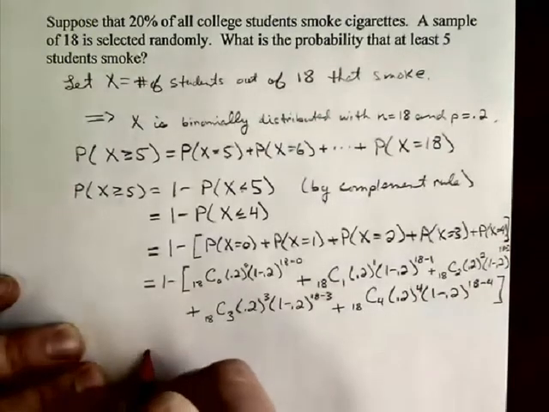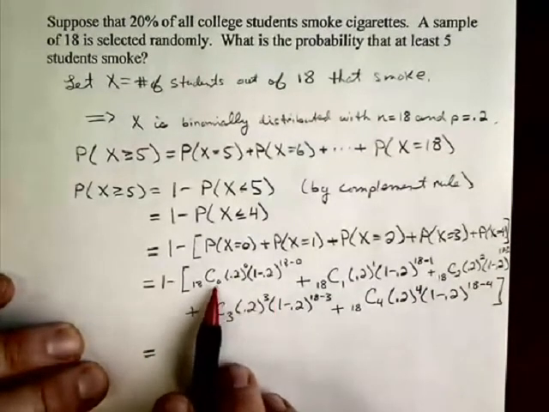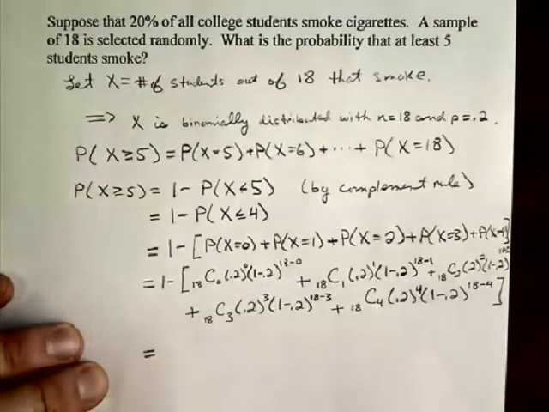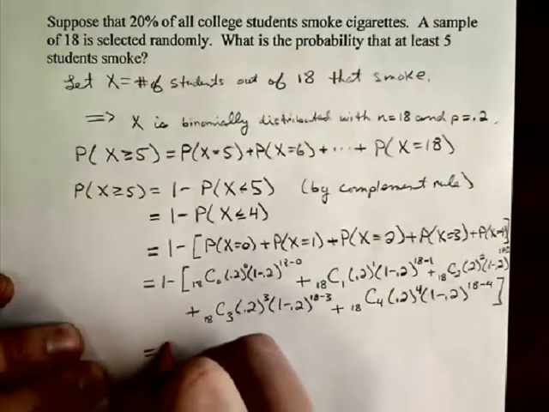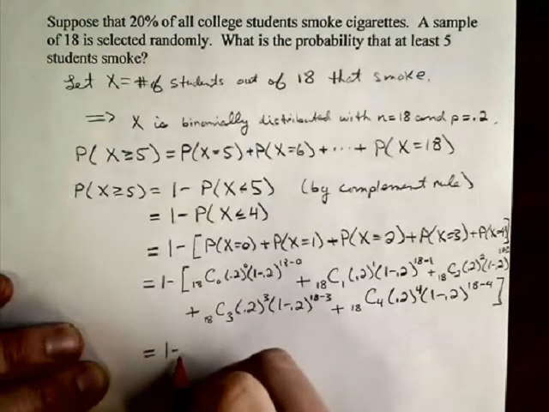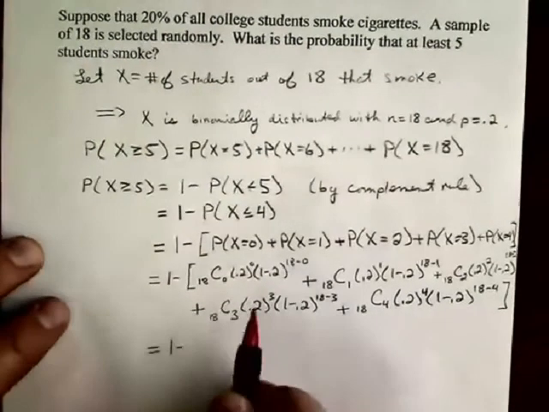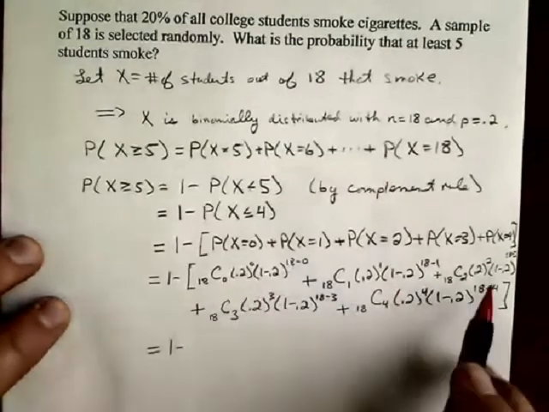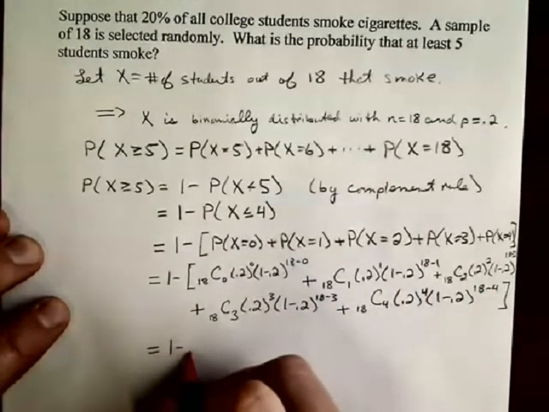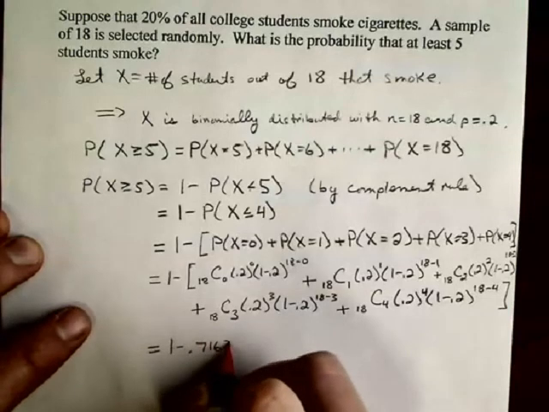Now I'm going to assume that you all can do each of these computations, and if you do, you will see that the sum of these computations is 0.7163.